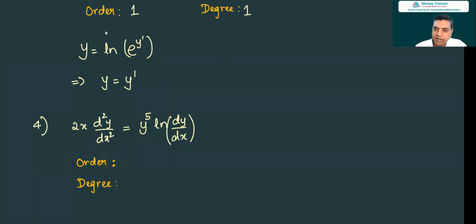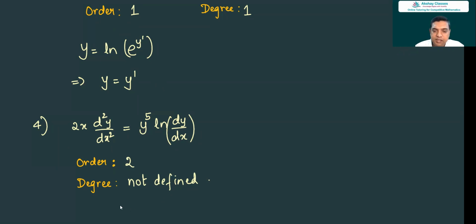Order is 2, correct? Order is 2 because of the first order and second order derivatives. Degree is not defined because we cannot write this as a polynomial in derivatives.